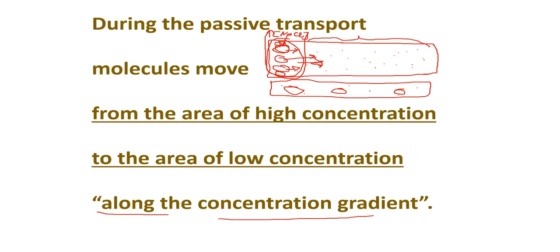This area has no salt, so we can say the salt concentration is low in this area. This is called movement along the concentration gradient. It is always from the area of high concentration to the area of low concentration, and this is what happens during passive transport.